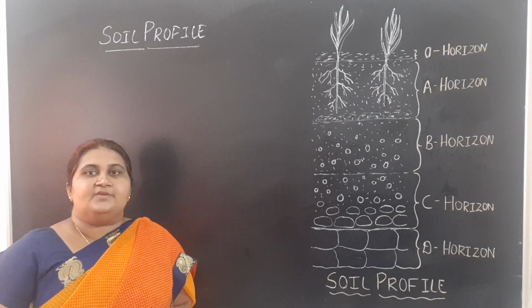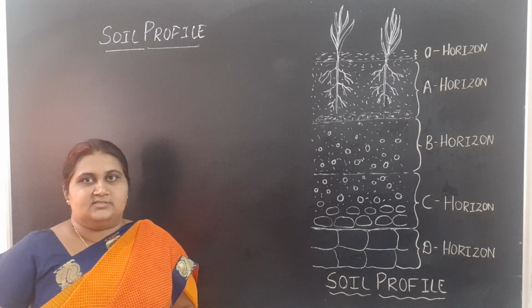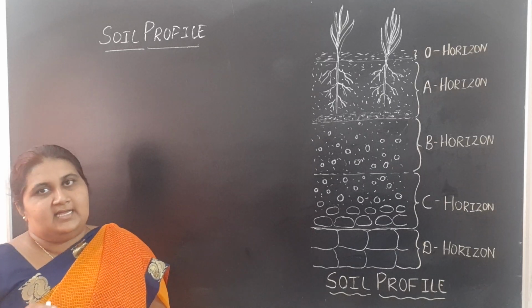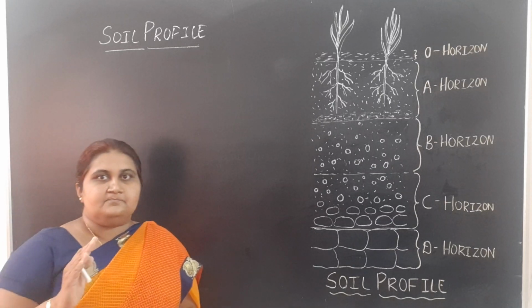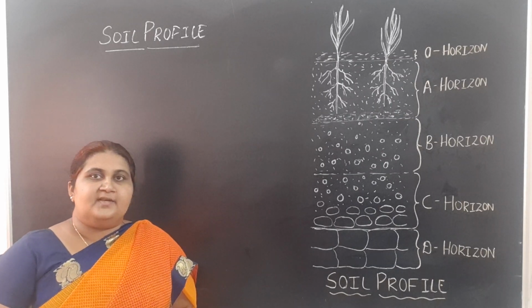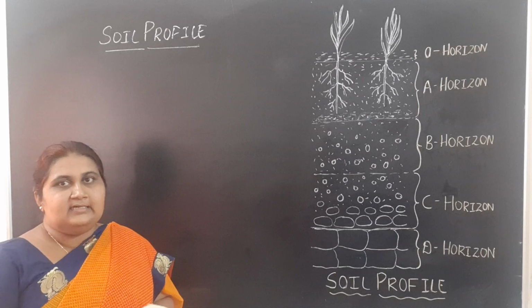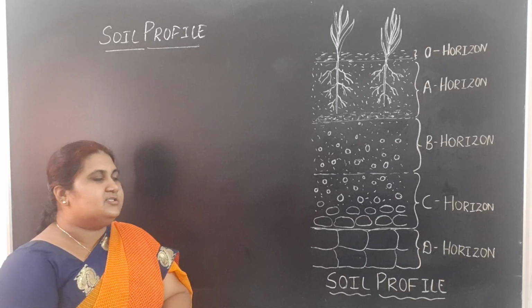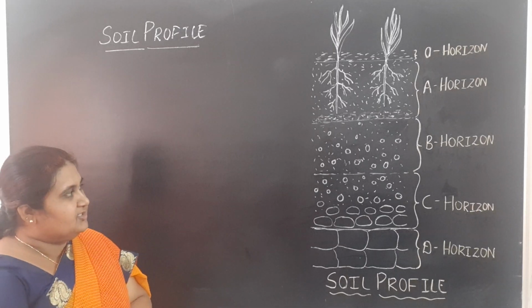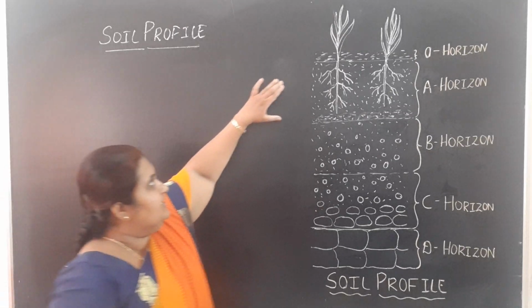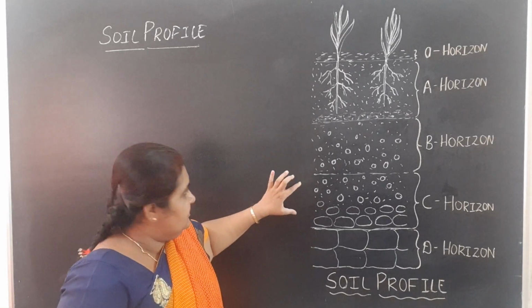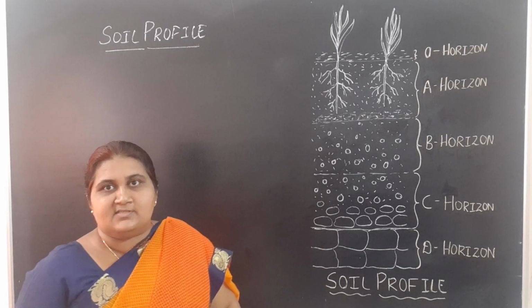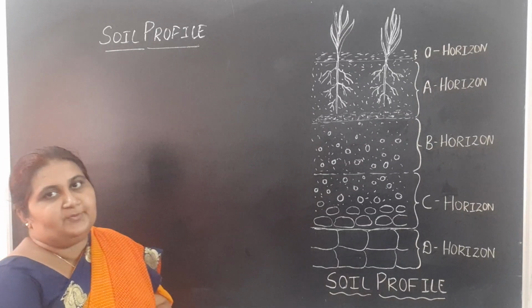The appearance of different layers or horizons in the cross section of a soil is called soil profile. When we take a cross section of a soil, at that time we can find different horizons. The study of different horizons in the cross section is what we call soil profile.